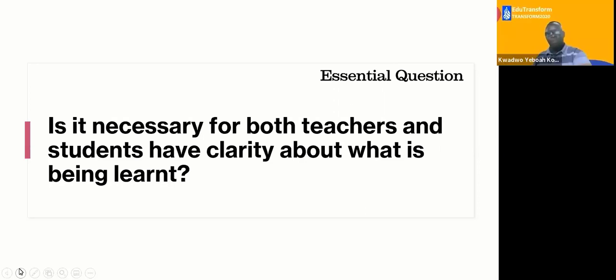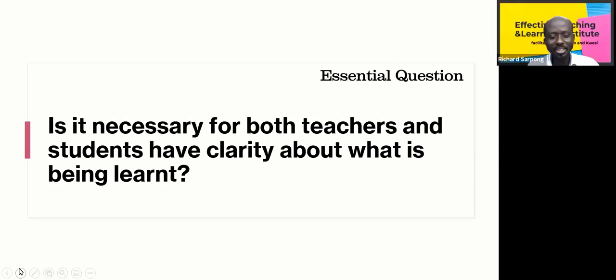Those are broad things, and it's important that there is a specific defined content that the teacher and the student are seeking to master or learn. And that is what we want to look at, whether being clear about what is being learned or being taught has any relevance to students' learning and their progression, as well as attainment in a particular lesson.